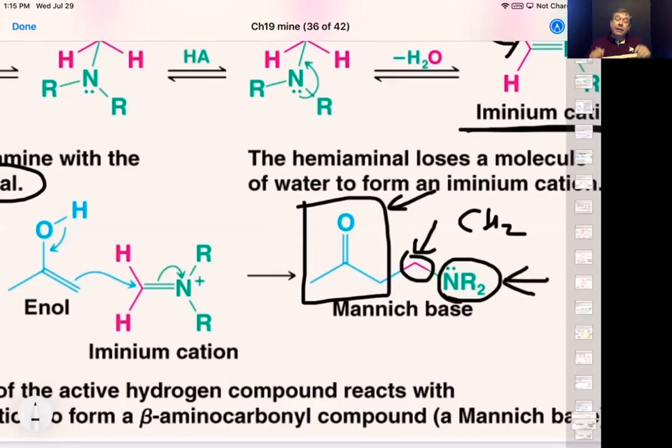So the Mannich is kind of like mixing the Stork and mixing a regular enol addition reaction together. So it's a little bit different, but it's a good way to add one CH2 and an amine functionality to a carbonyl compound. And notice you keep your carbonyl compound, in this case, a ketone.